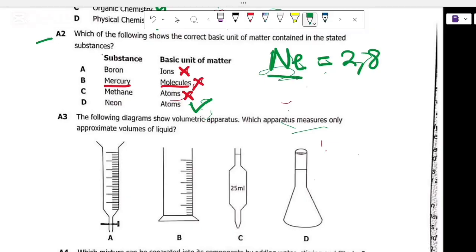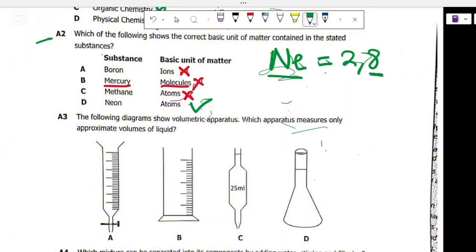That's how we define an atom. It is the smallest particle of an element which can take part in a chemical reaction. If you have to add or subtract electrons from this one, it's going to become an ion. But for this one, it is not even easy. It is impossible for this one to react because it has 8 electrons in the outermost shell.